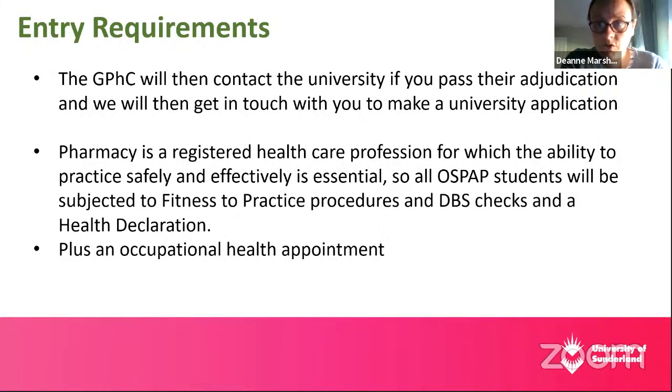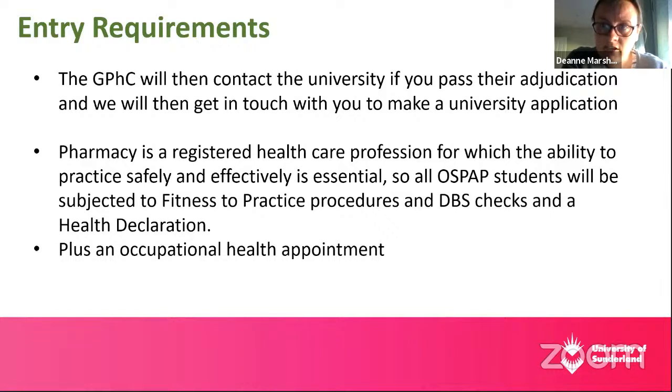As soon as you join the course, you are subject to fitness to practice procedures. This is all to do with your behaviour, while you are at your course at the university and also in your everyday life. Normally, as part of your application, you would submit some extra documentation, such as a DBS check, which is a Disclosure and Barring Service check.